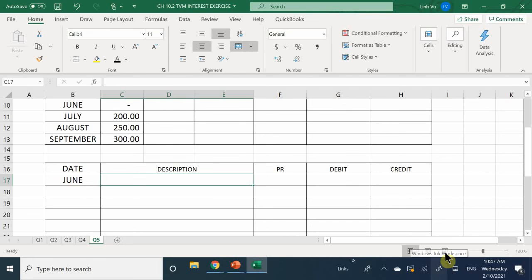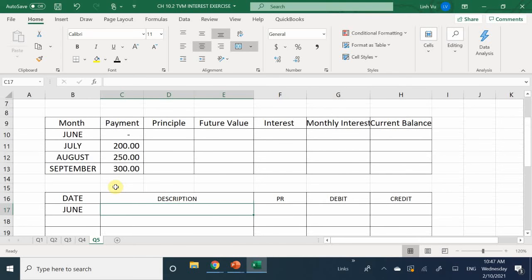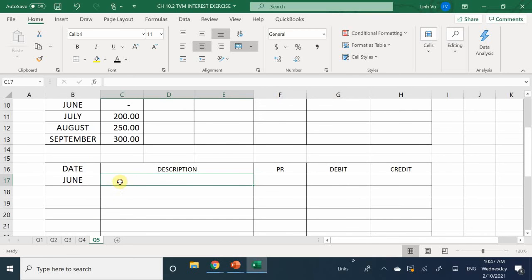How do I journalize that I received a bank loan? Debit checking. Yes, because the assumption is that when you get a bank loan, you're receiving cash right up front. So it's going to go straight to your checking account.